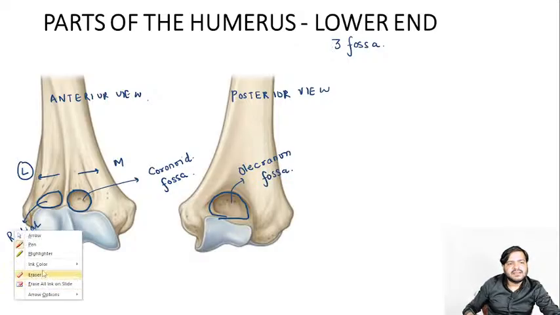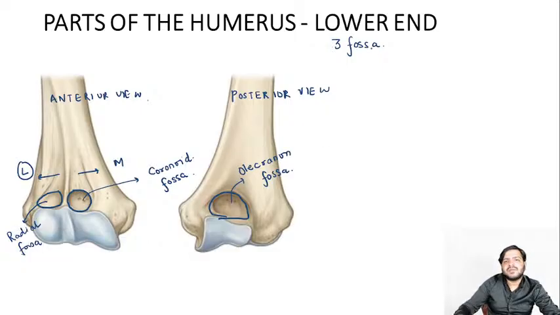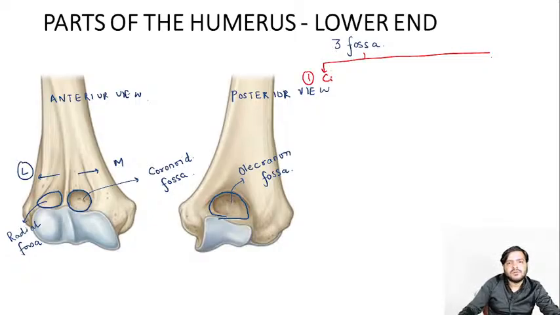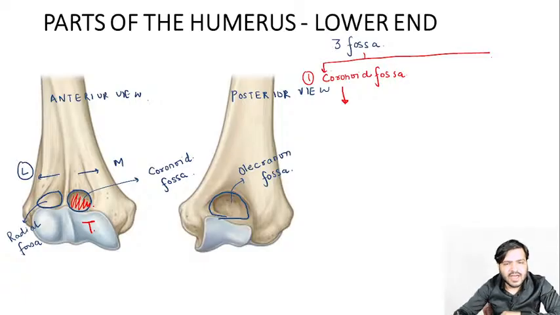So we will write that we have three fossas which are present. You can very well see we have the coronoid fossa. Discussing the coronoid fossa, guys, it is present just above the trochlea.